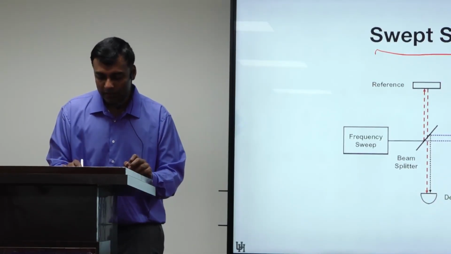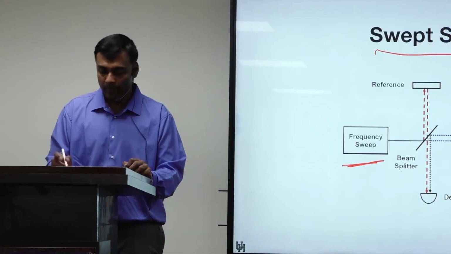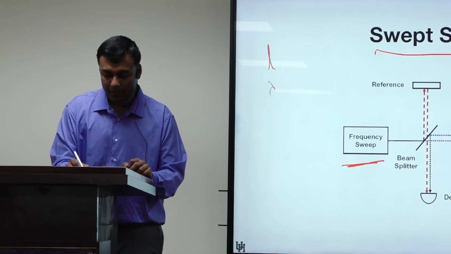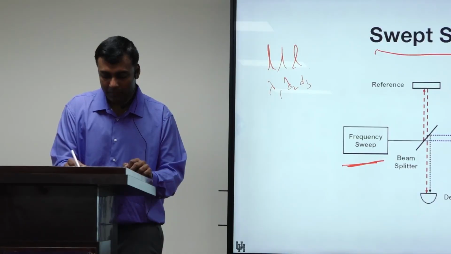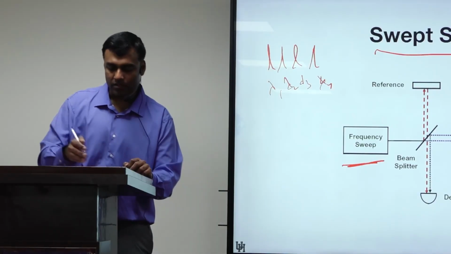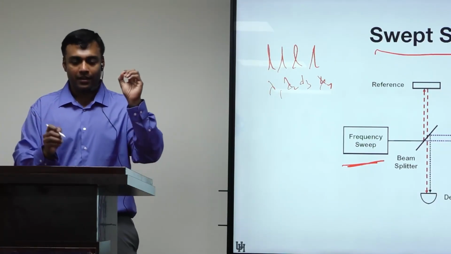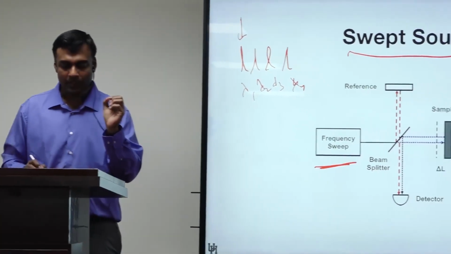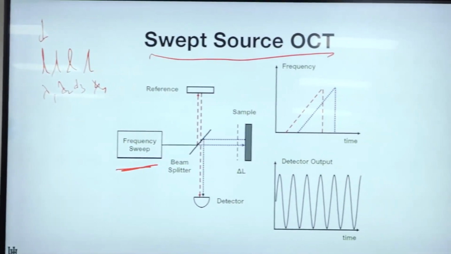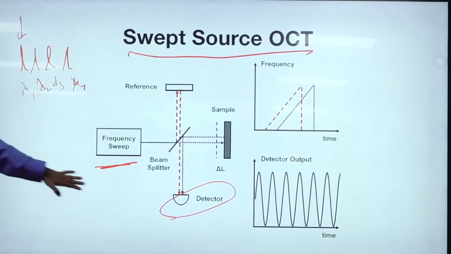So this frequency swept laser emits wavelength 1, wavelength 2, wavelength 3, wavelength 4, and so on, one after the other. As soon as it emits the wavelength, it goes through the sample and through the reference. There is only one detector here.